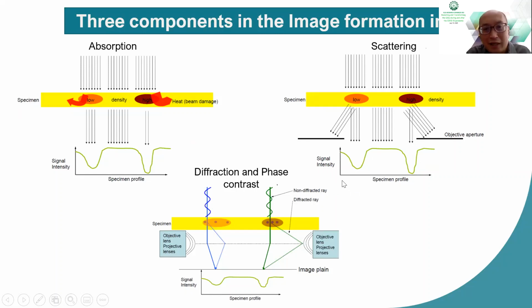And finally, diffraction and phase contrast: because of the objective and projector lenses, the beam is shaped in accordance with the density of the material. These three, absorption, scattering, and diffraction phases, are actually a summation. The image is formed from these three processes.